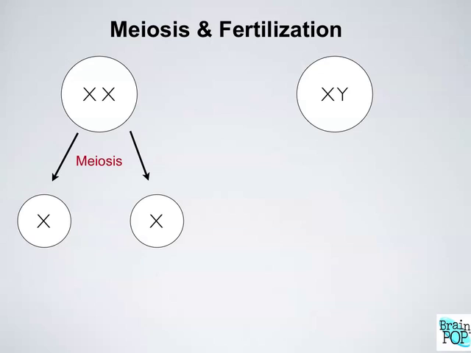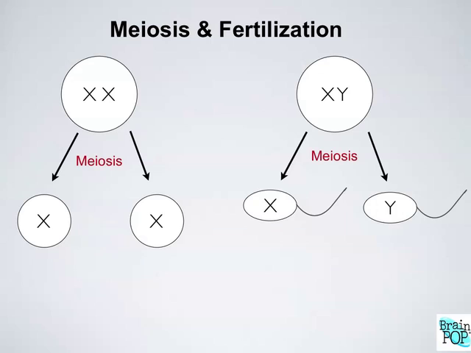But when a male cell goes through meiosis to produce sperm cells, what can the sperm cells get? Either an X or a Y. Half of sperm cells have X chromosomes, half of sperm cells have Y chromosomes. Okay? And so which sperm cell fertilizes the egg cell is going to determine what the gender of the offspring is.